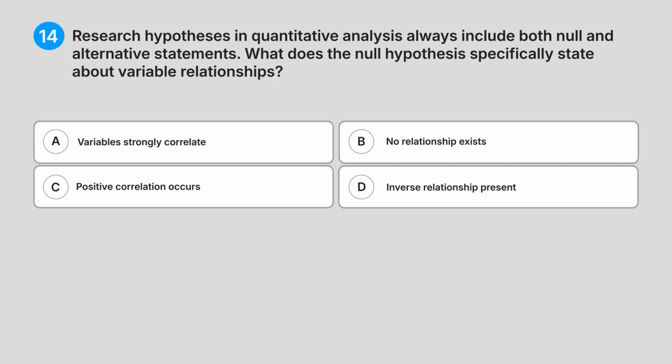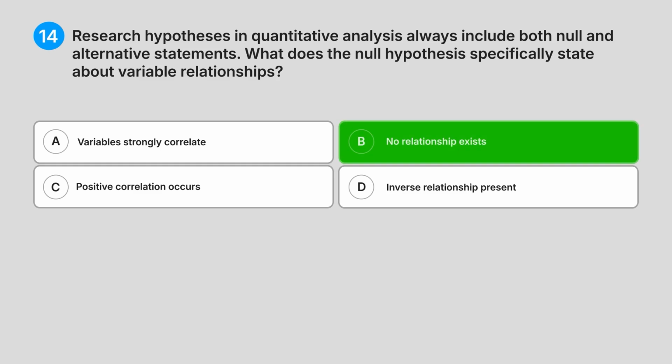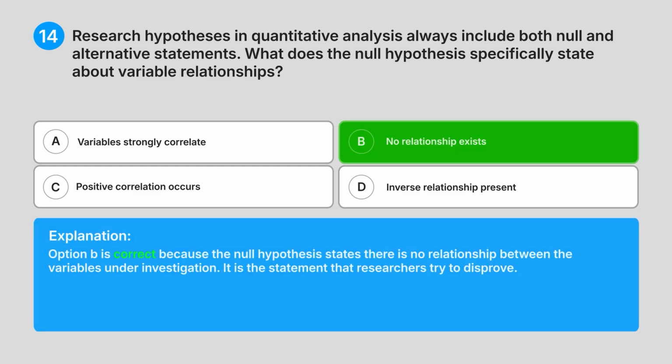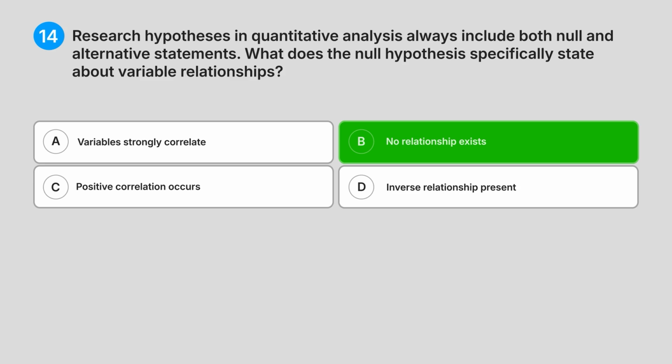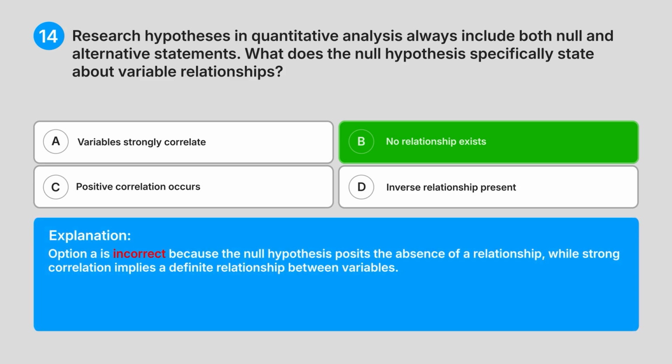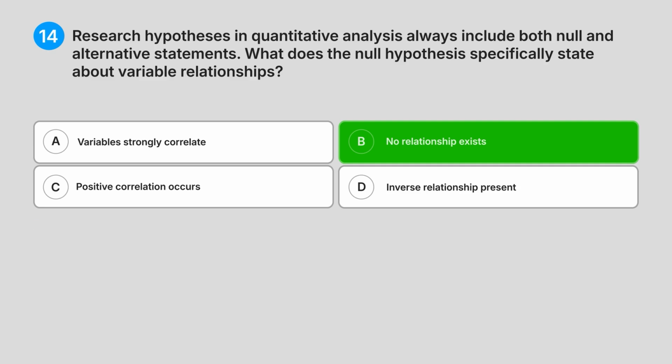Correct answer: B. No relationship exists. Explanation. Option B is correct because the null hypothesis states there is no relationship between the variables under investigation. It is the statement that researchers try to disprove. Option A is incorrect because the null hypothesis posits the absence of a relationship, while strong correlation implies a definite relationship between variables.